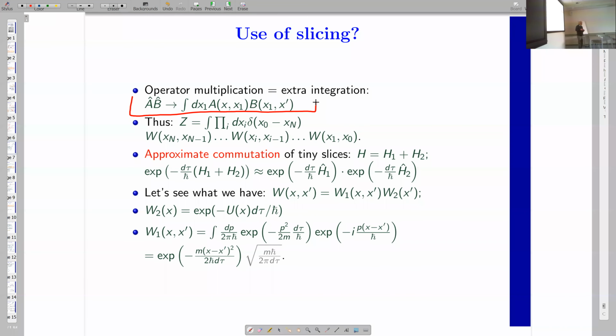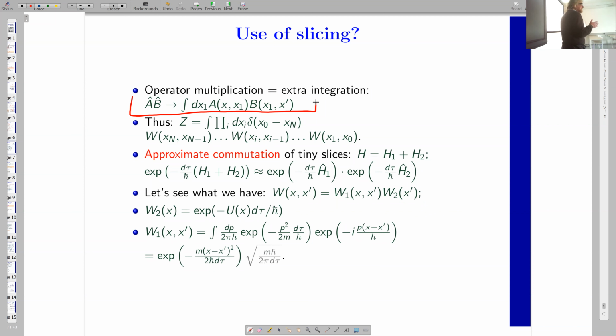The last index of the first matrix and the first index of the last matrix have to be the same, and you have to sum up over this index. That is the integral expression for that. Right, so I introduce really lots of integration variables.